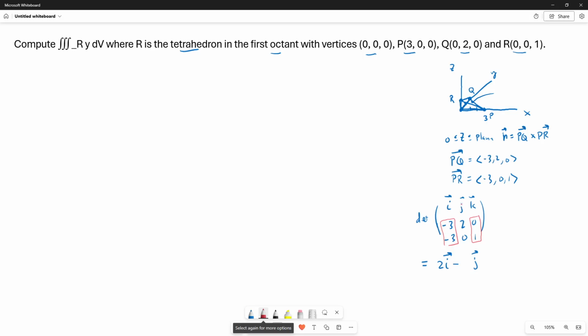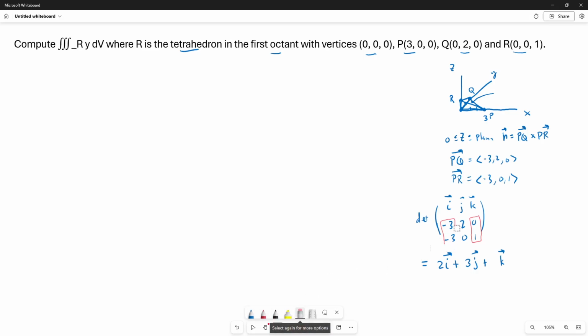Take away the j column and the j row, and you're left with those 4. So the determinant here is -3 times 1 minus 0 times -3, and that's -3. So here we have to put a -3, and that just makes this a plus. And then we have plus k.